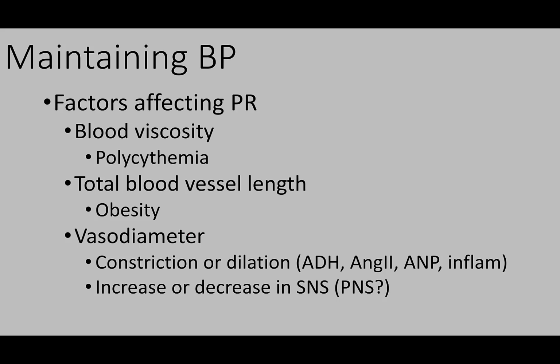And one thing that can significantly raise hematocrit is polycythemia. Polycythemia is a disorder that causes increased red blood cells, oftentimes from a tumor. But if you have more red blood cells and your hematocrit is elevated, well, your blood's going to be very, very thick, and thicker blood will have a harder time moving through the vessels.